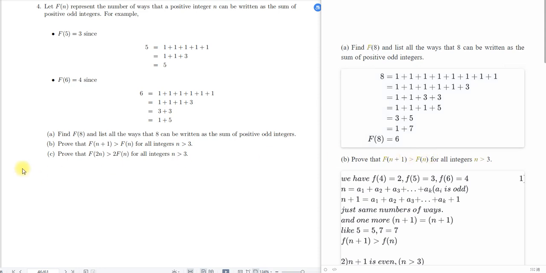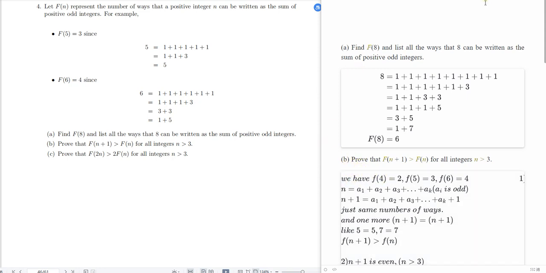Let's see part B. Prove that f(n+1) is greater than f(n) for all integers n greater than 3. We already know that f(6) is 4 and f(5) is 3.